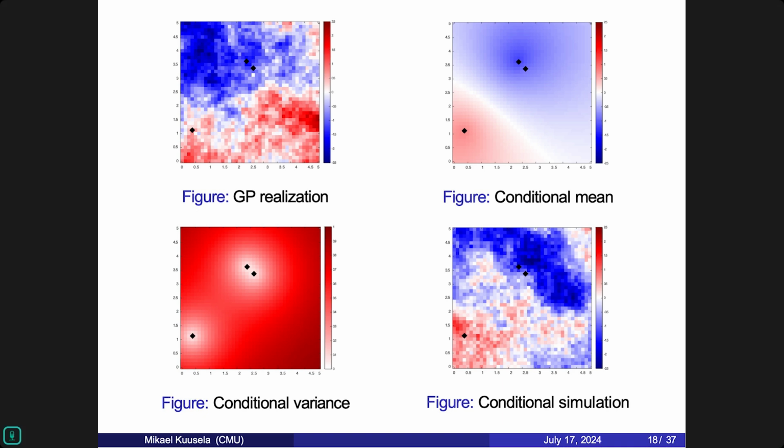But you can also see, okay, here's my prediction. What is the uncertainty on this prediction? The pointwise uncertainty is characterized by this plot here. What you can see is that it kind of makes sense. Where I have observed, the uncertainty is small, and where I have not observed, it is large. In fact, if I go very far from the observations, it's as if I did not observe anything.